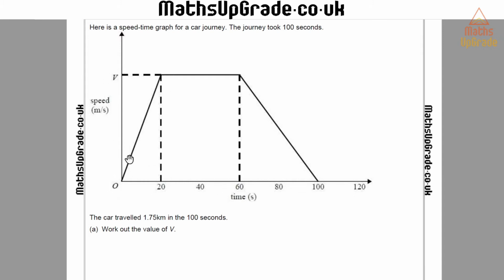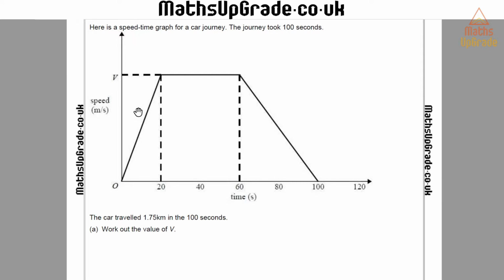So the steeper the line, the greater the acceleration. The acceleration was greatest at the starting part of the journey, since that's where the line is steepest. The last part of the journey, the deceleration, wasn't as great, since the line isn't as steep.